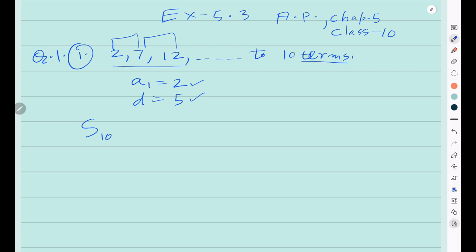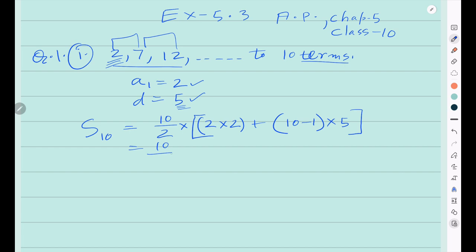So S10 basically, and the formula is 10 divided by 2, times 2 times the first term, which is 2, plus n minus 1, meaning 10 minus 1, times d, which is 5.